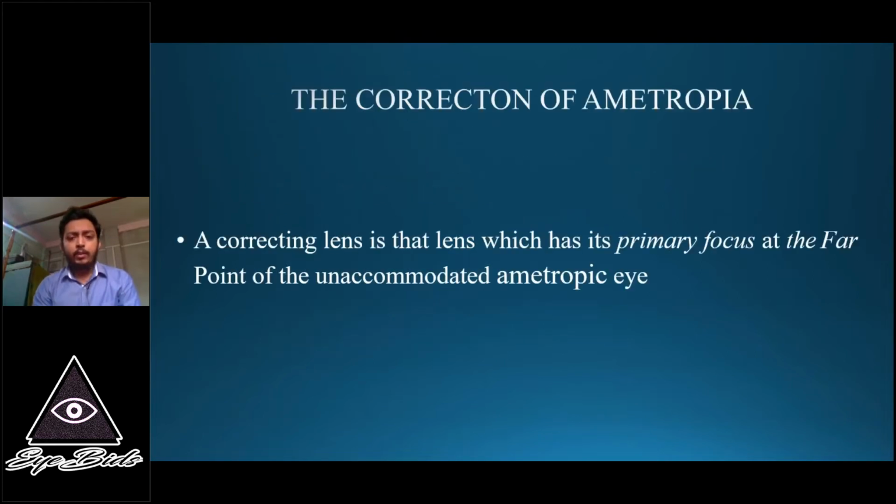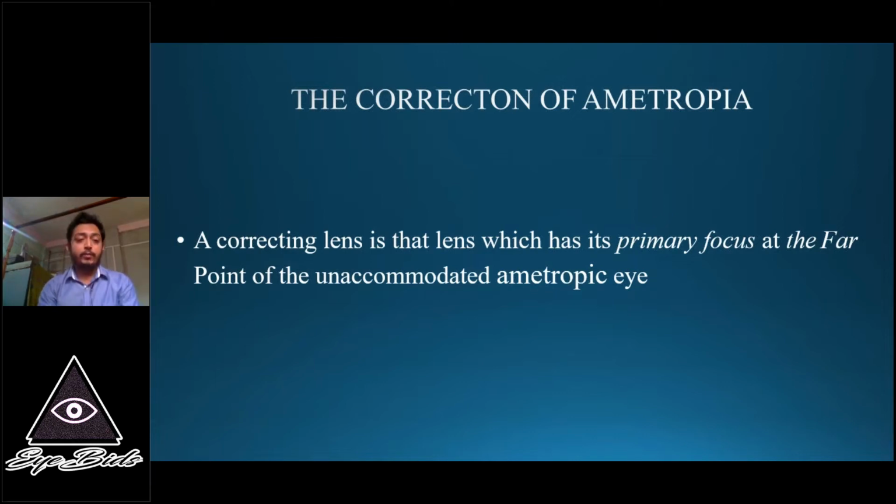So what do we do in correction of ametropia? While I'm mentioning ametropia, I'm mentioning both myopia and hyperopia. The correcting lens is the lens whose secondary focus, and this is very, very important, is at the far point of the unaccommodated eye.